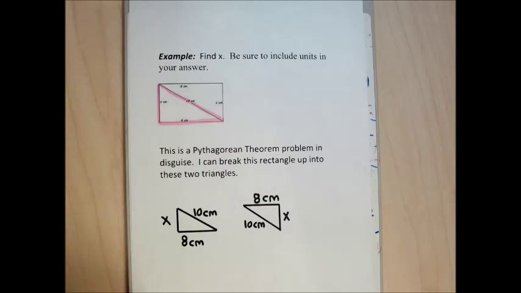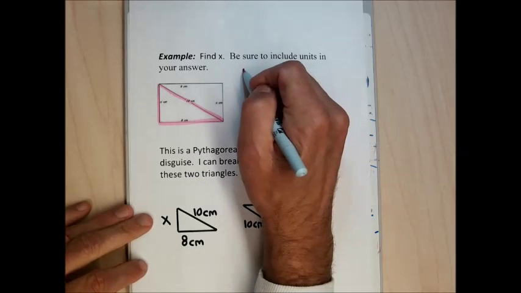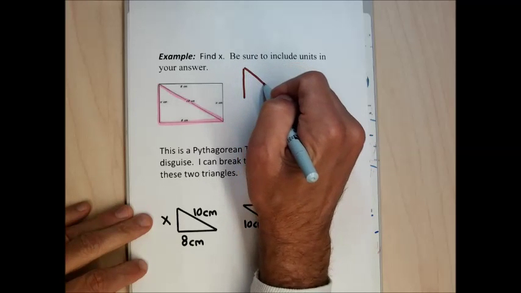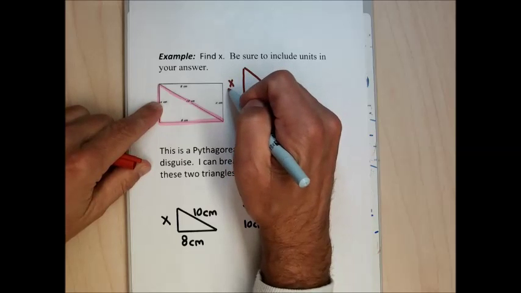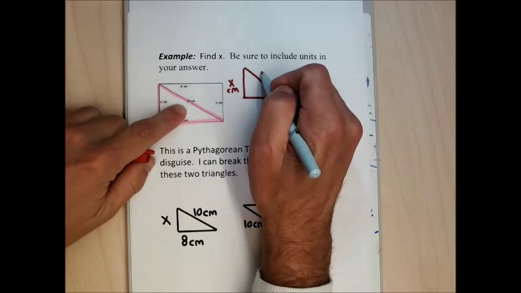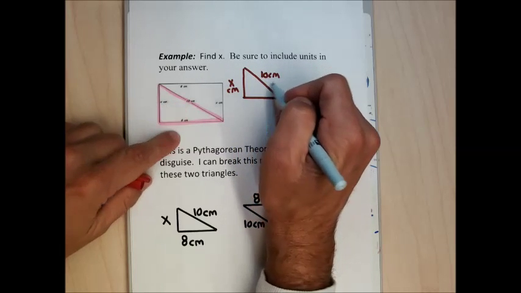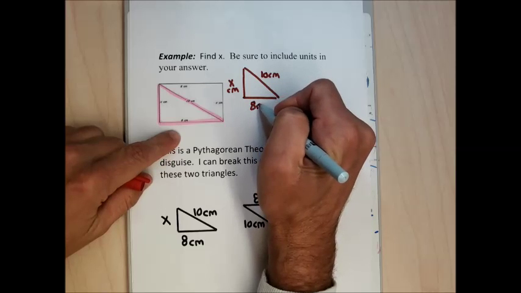The first triangle that I highlighted in pink has sides x centimeters, 10 centimeters, and 8 centimeters.